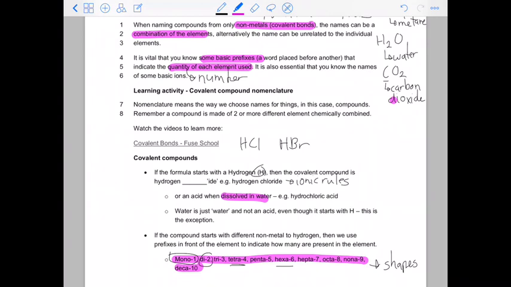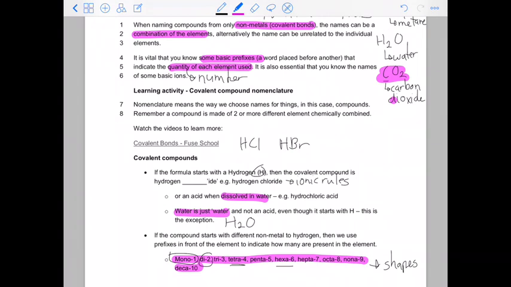Another common one that starts with H is water, or H2O. That is one that is just water. It's not an acid, even though it starts with H. Water is an exception to a lot of rules. This is just another one. If the compound starts with a nonmetal other than hydrogen, such as our CO2 here, then we use the prefix in front of the element.